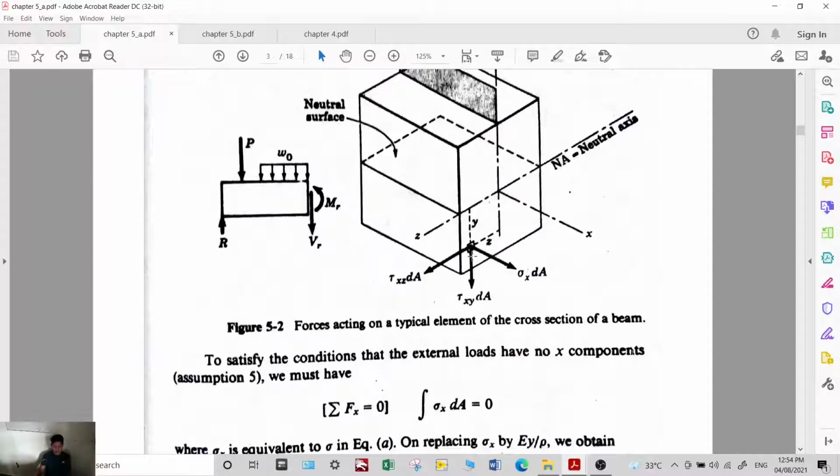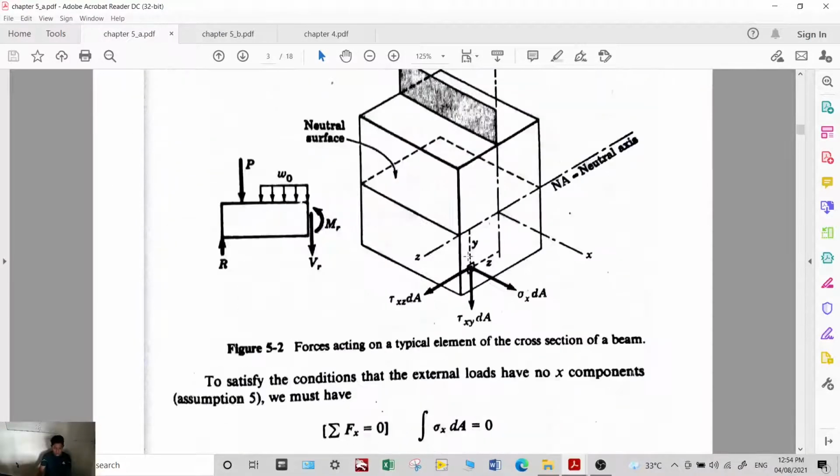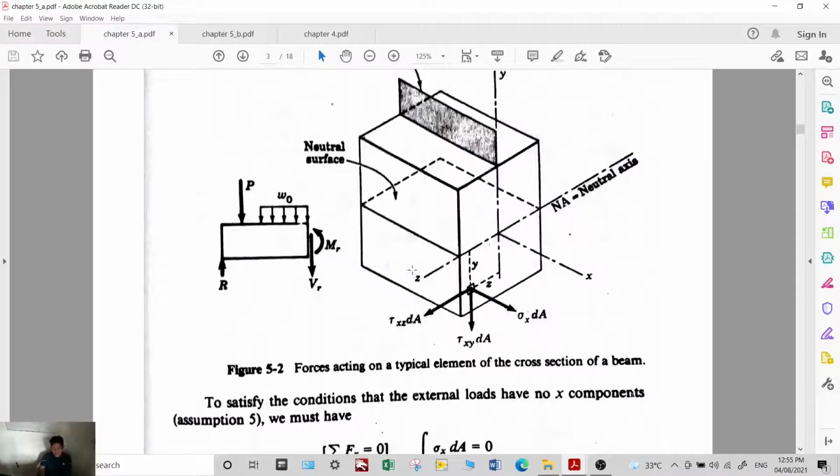Okay? So based on chapter 4, with this loading, to maintain equilibrium, it should be balanced by a shear and a moment: resisting shear and resisting moment. So that there is equilibrium. Okay?